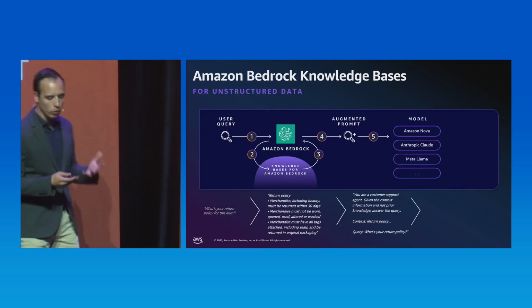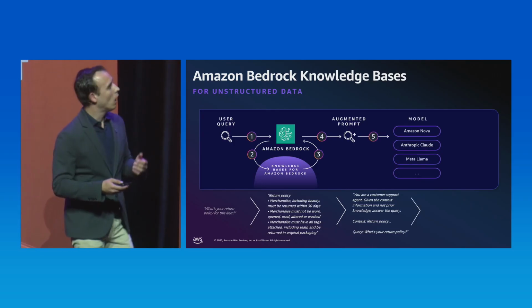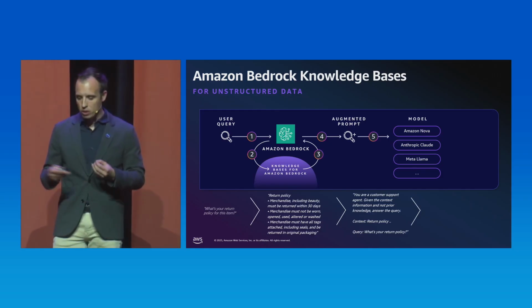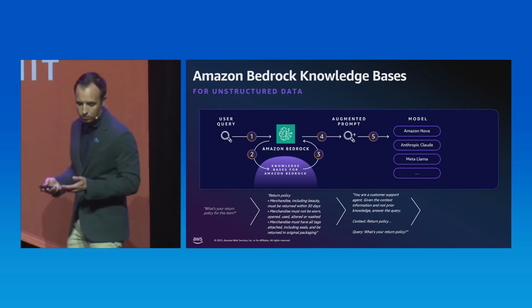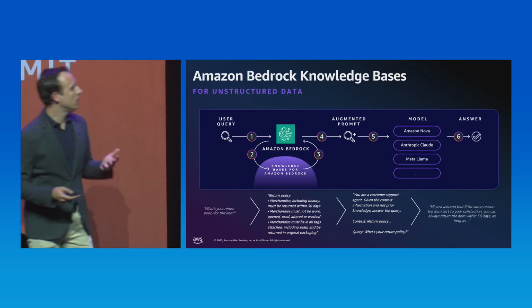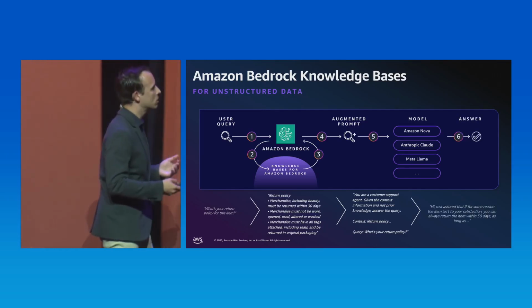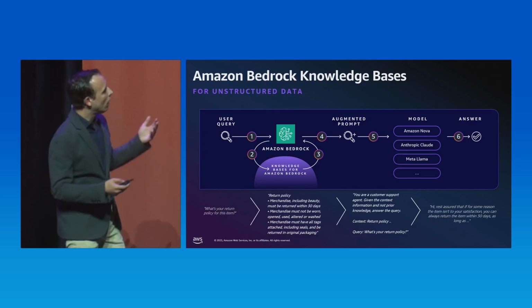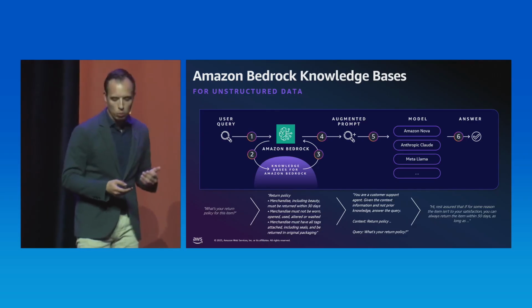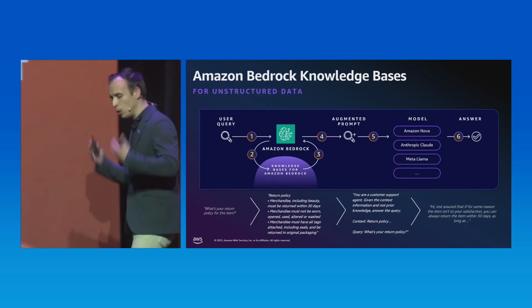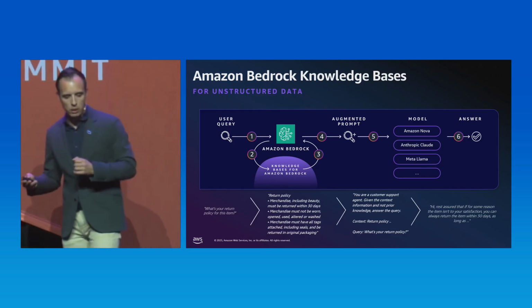Through RAG, or retrieval augmented generation, we pass the context to models such as Amazon Nova or Anthropic Claude. Lastly, it gets formatted for the actual customer: if you've got issues with that product, this is the return policy. This is usually how Bedrock knowledge bases used to work.